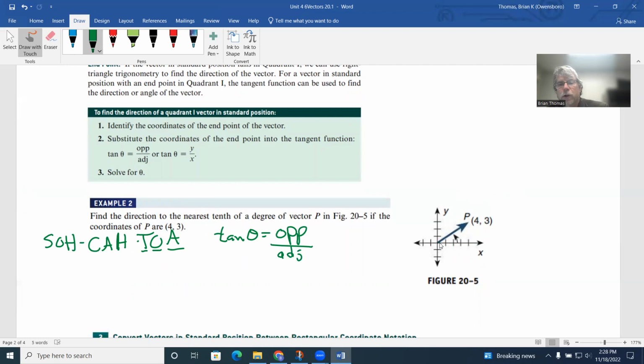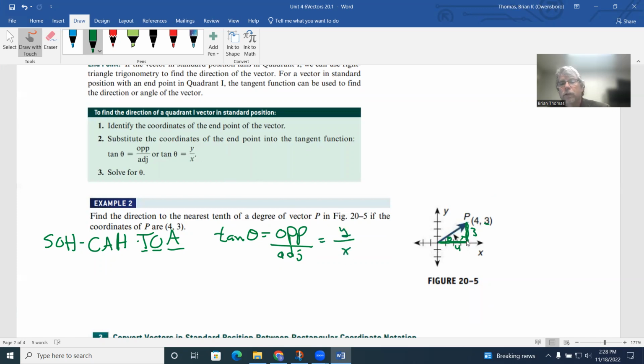If we construct a right triangle over here, notice how this is going to be theta here. This would be 3 and this would be 4. The y-coordinate is going to be the opposite side and the x-coordinate is going to be the adjacent side. So they say the tangent of theta is going to equal y over x.